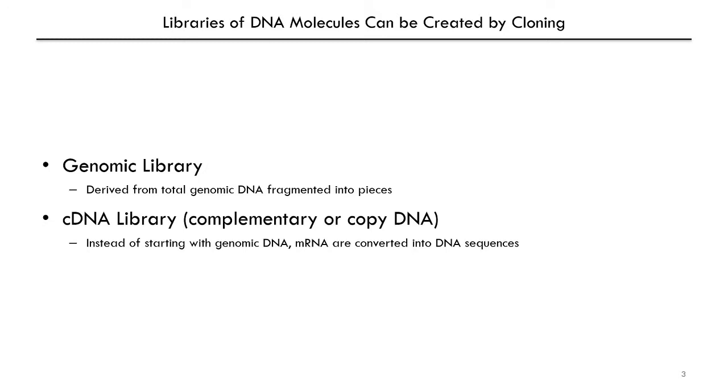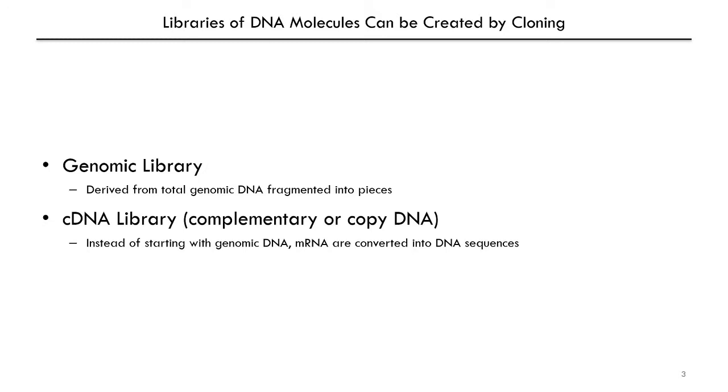Another kind of DNA library that we can produce through cloning is cDNA libraries. cDNA libraries are made not from an organism's genome, but from its transcriptome, that is, the total mRNA produced from gene transcription. cDNA is complementary DNA that is reverse transcribed from that RNA.